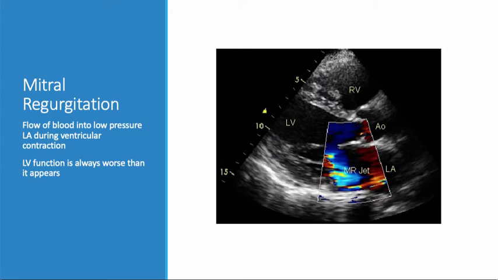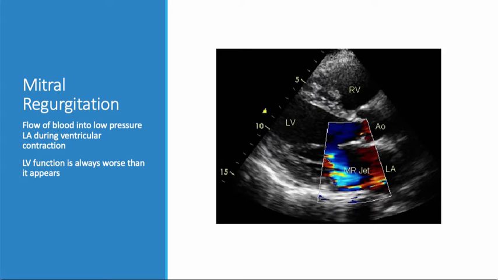And what happens is that means every heartbeat, some of that blood goes backward and goes into the lungs. And so over time, this is a volume overload problem that causes systolic failure, right?